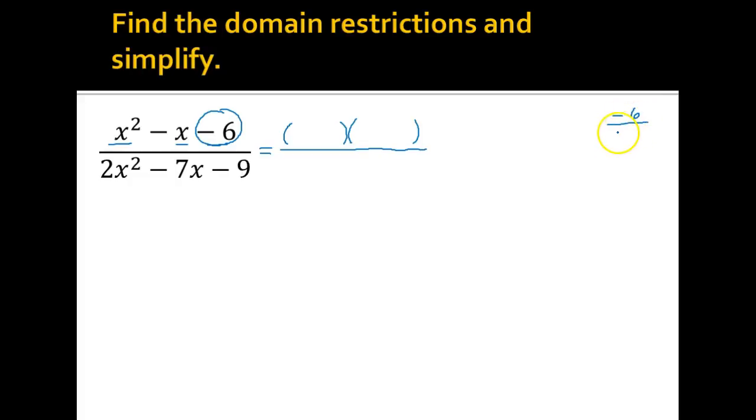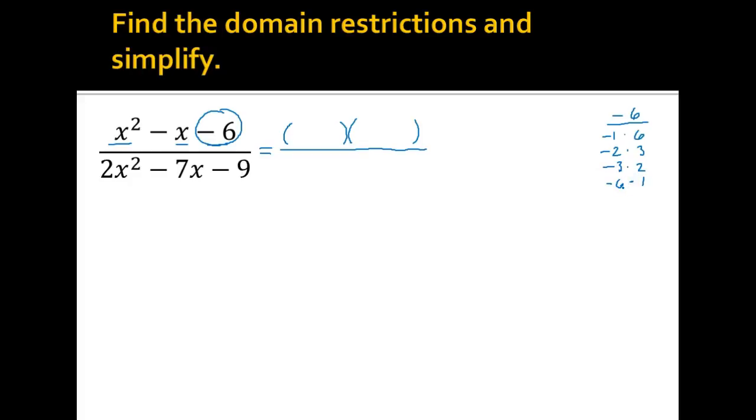By multiplying two numbers. And you can be very methodical about this. You start with 1, or negative 1 in this case, negative 1 times 6, and then the next number up, 2, negative 2 times 3, and then it'd be negative 3 times 2, and then you can kind of see that the only other option is going to be negative 6 times 1.